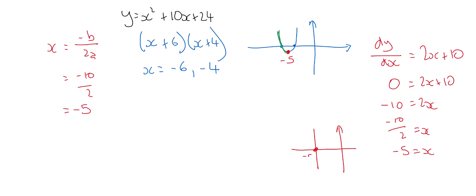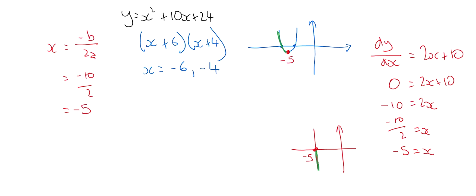You can't actually see my cursor when I do this, can you? Anyway, that's why I'm color coordinating. When x is less than -5, on the red graph, the derivative on the blue graph is below zero, and that's what the graph is telling us.